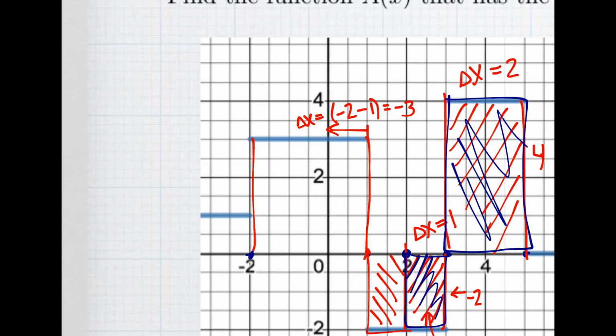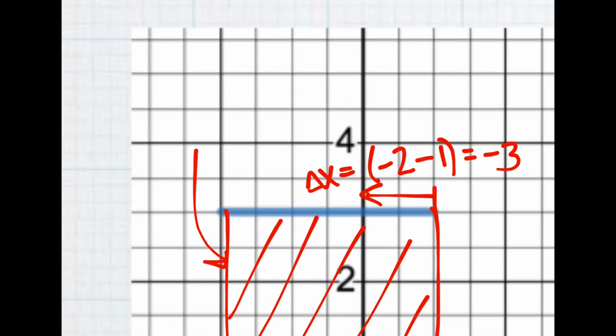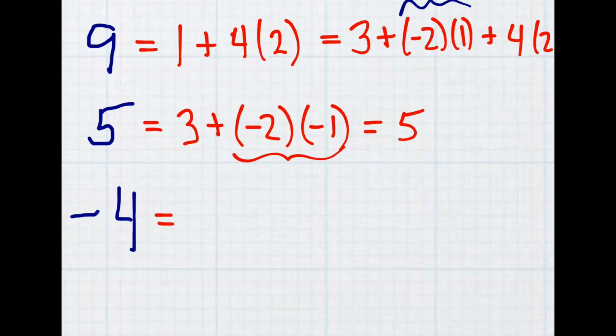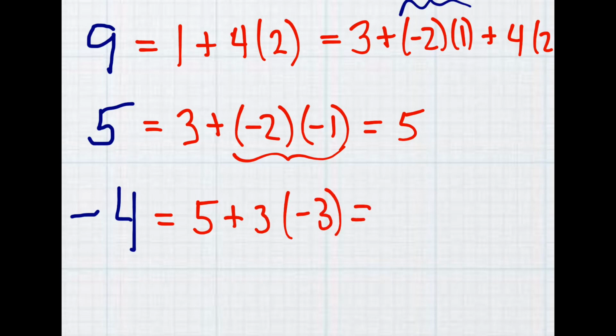Its height is 3, and so this block that we're adding is a slope of 3, a delta x of negative 3, so we're going to subtract 9. And that's where this negative 4 came from. It was 5 plus slope 3, delta x negative 3, and that's where 5 plus negative 9 gives me negative 4.